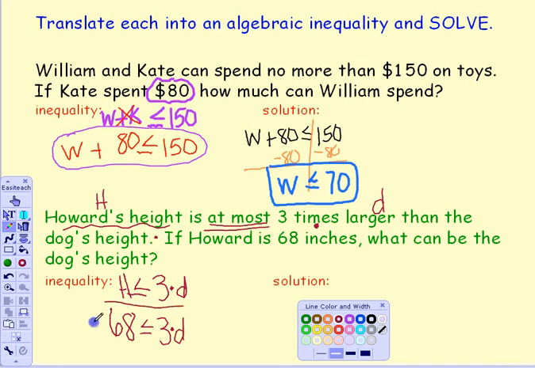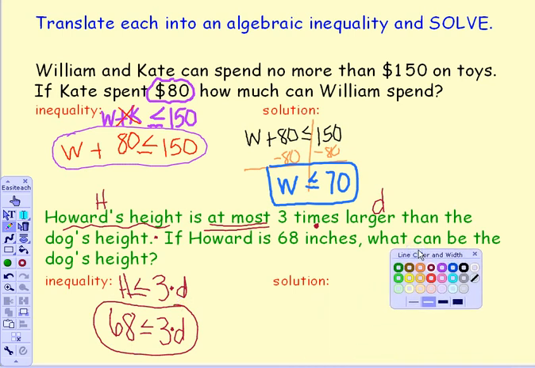So here's our inequality. When you have this 3 times D, you can either write it with the dot for multiplication, or with no symbol at all, or maybe parentheses, but no X's. Remember, X's are variables now. So when we solve this, we're still going to solve it like regular: 68 less than or equal to 3D.